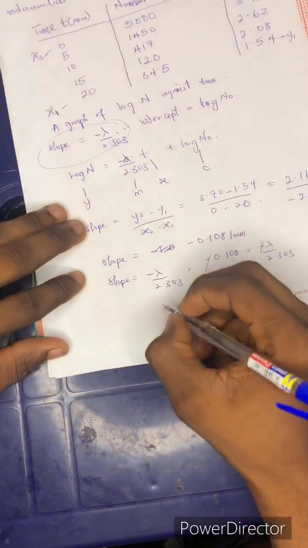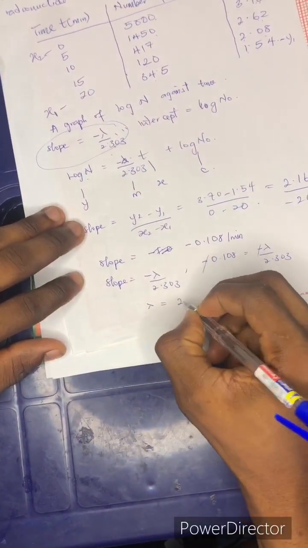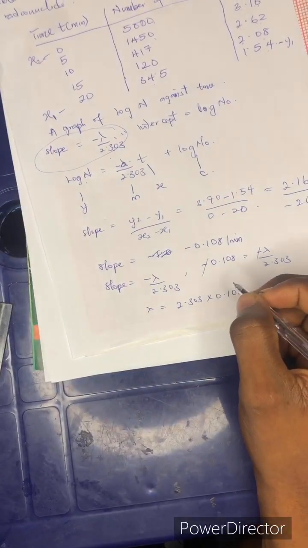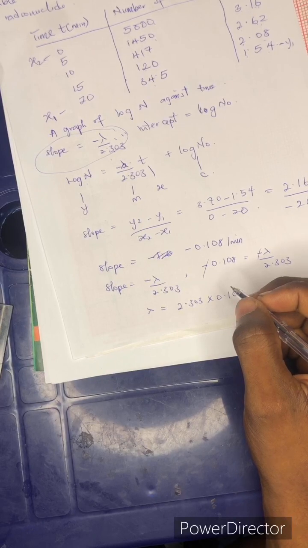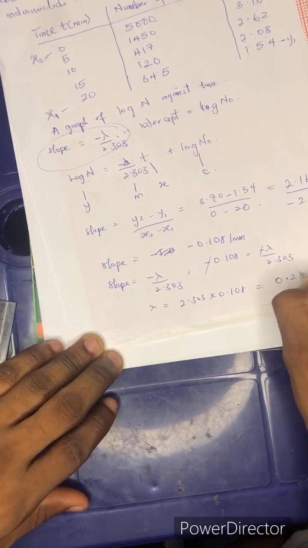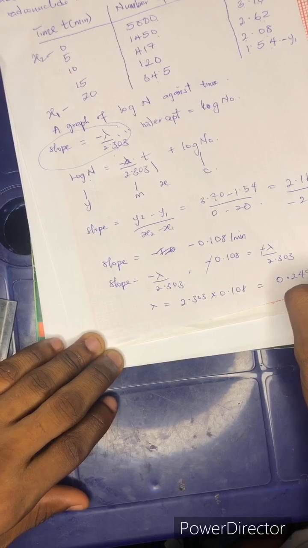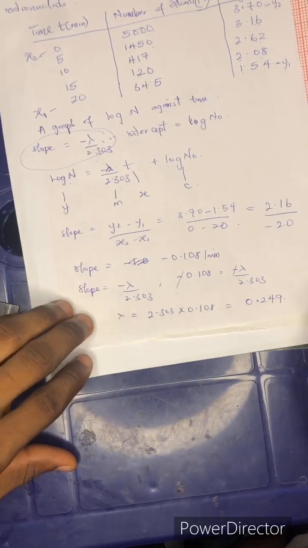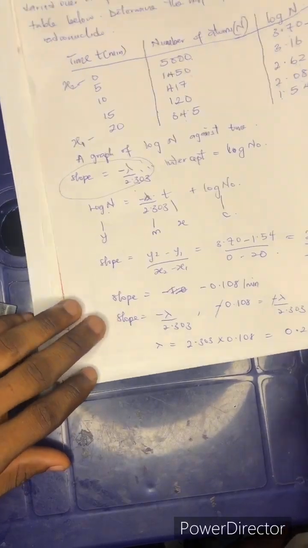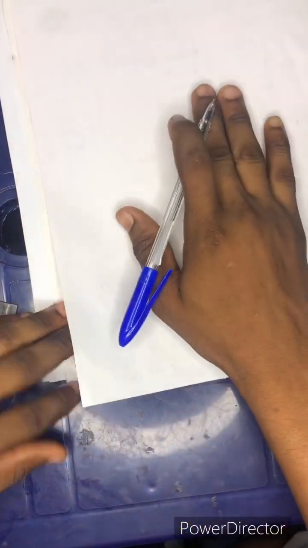So lambda should be equal to 2.303 times 0.108. And our final answer should be 0.249, also in per minute.